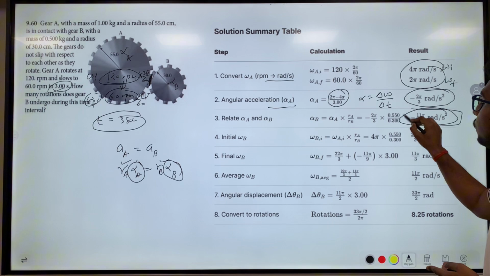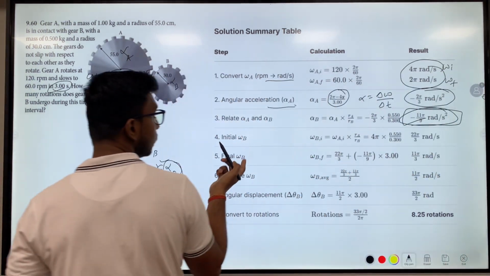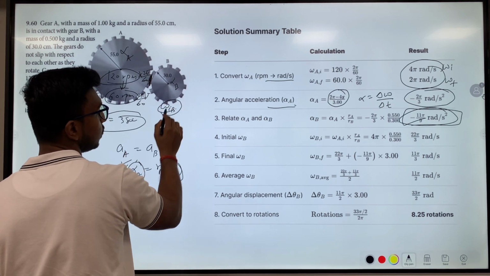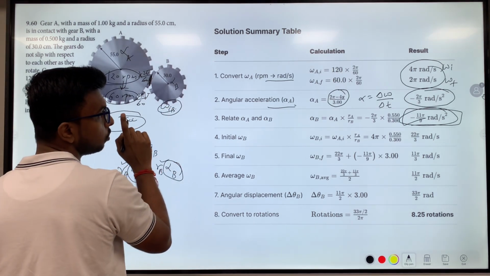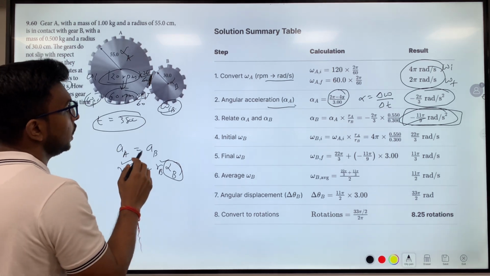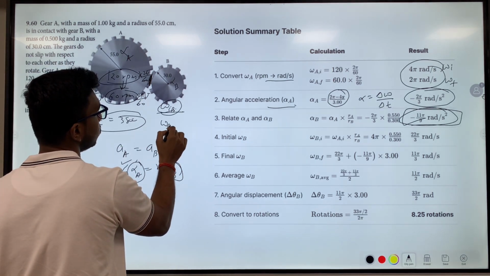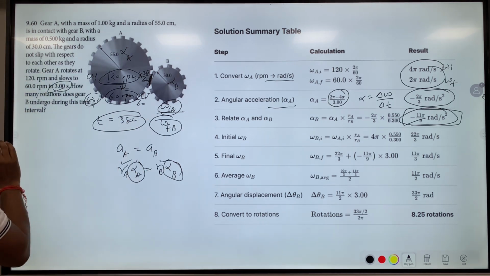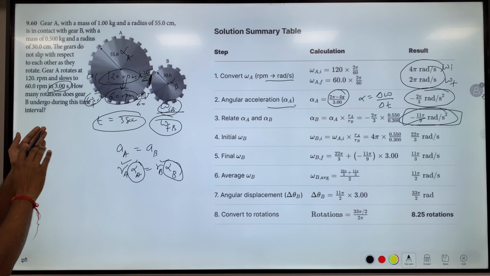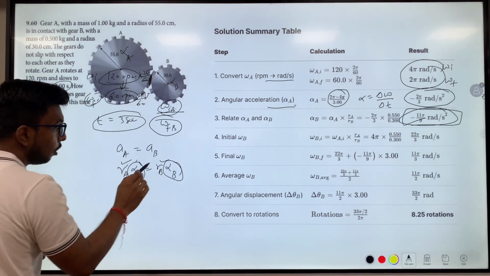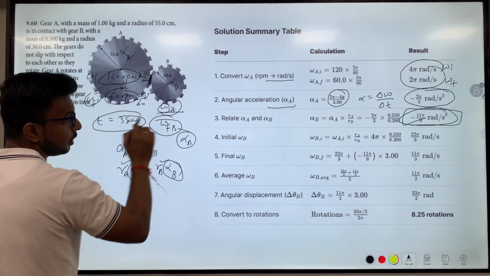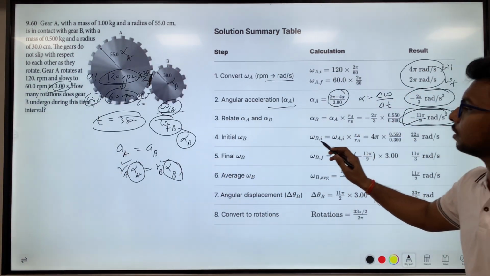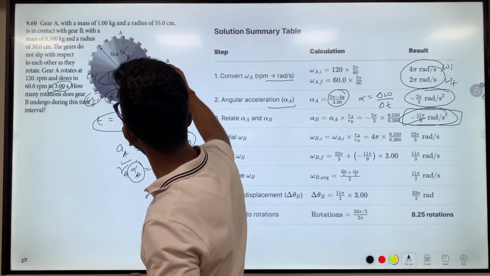Once you get alpha B, you have to find out what is initial omega B, because velocities are the same again. So omega is equal to V by R. So initial omega B and final omega B. Omega initial, omega final, because you have omegas for A but not for B. And now you have acceleration alpha B. So you can find out omega initial and omega final, because velocities will be the same.